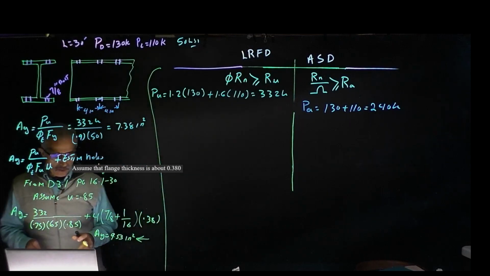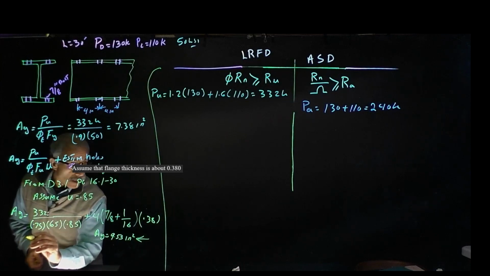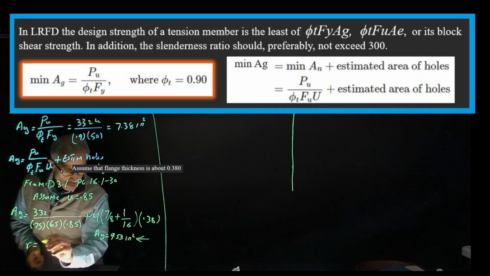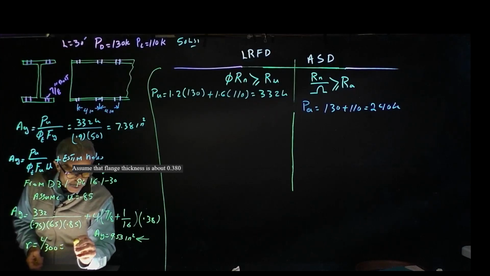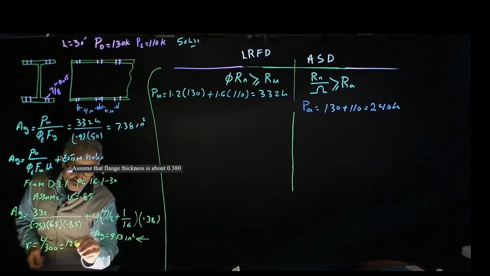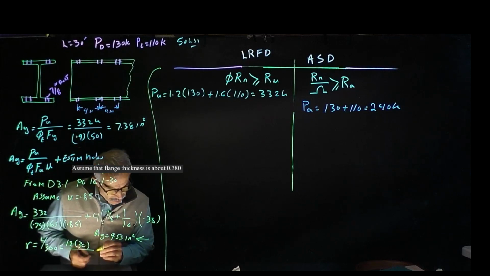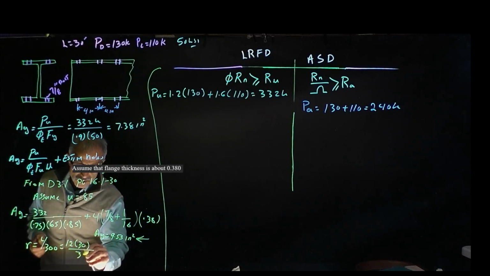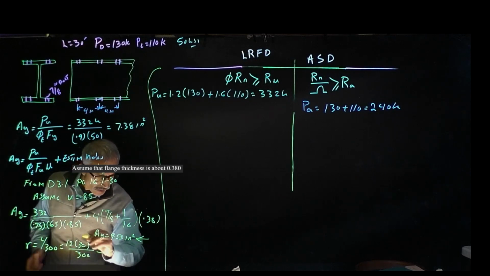So for our minimum radius of gyration, r is equal to L divided by 300. And that's going to become 12 inches times 30 feet divided by 300. And that comes out to 1.2.